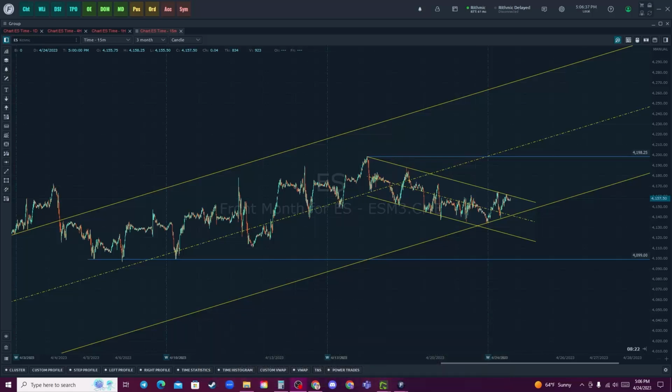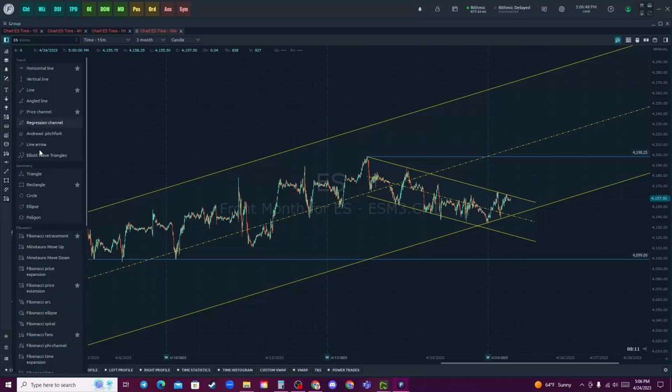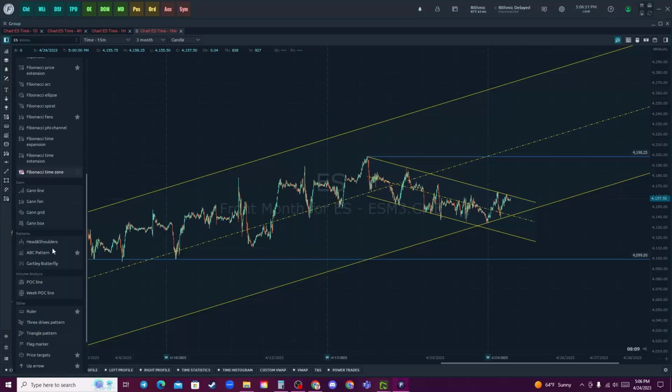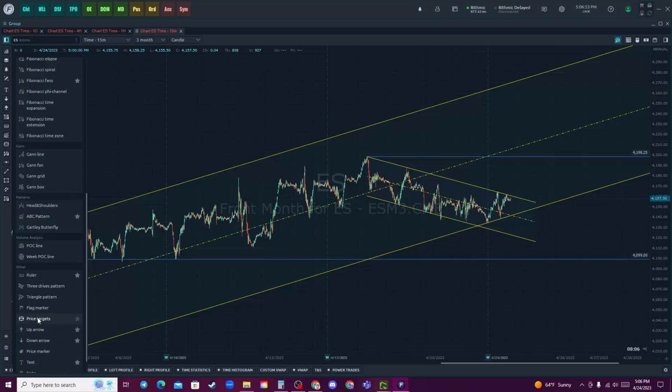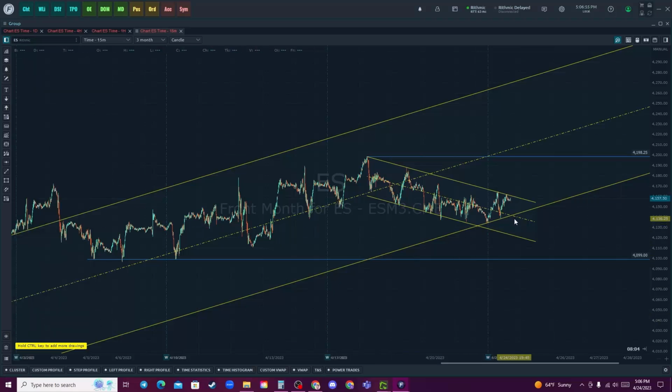Taking a look at how we can use multiple time frame analysis to provide better risk management, we can use a tool here in Optimus Flow. Come over here to Drawings Library. Scroll down to Price Targets. Now we said that if our hypothesis was that the 4-hour channel was going to continue, we could enter here when it hits.